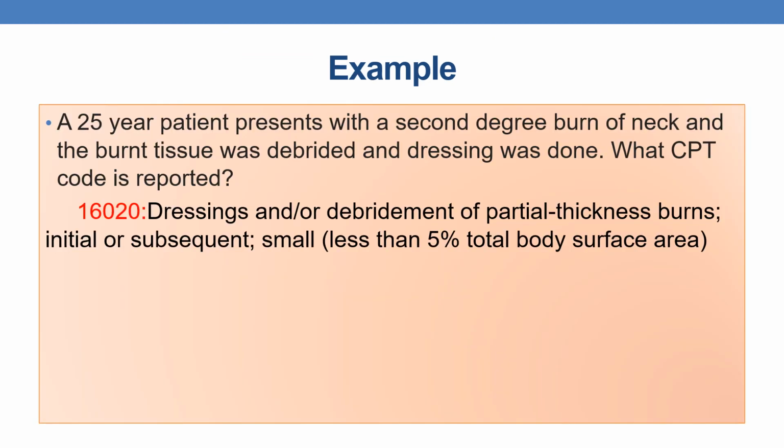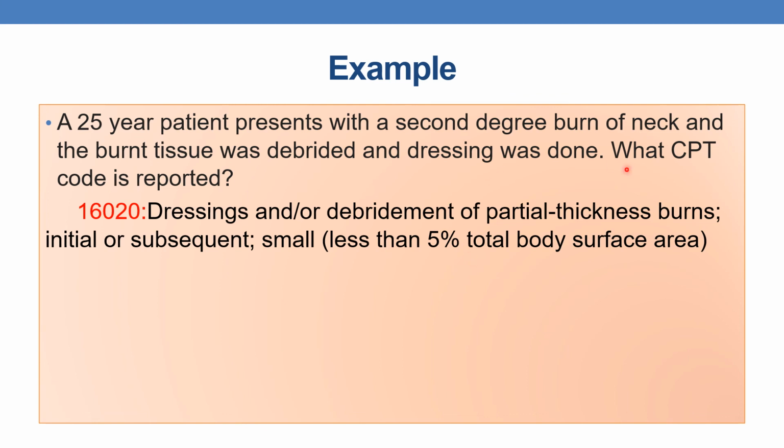Now let us discuss an example. A 25-year-old patient presents with a second degree burn of the neck, and the burnt tissue was debrided and a dressing was done. What CPT code is reported? The appropriate answer is 16020, which is dressing and debridement of partial thickness burns, initial or subsequent, small, which means less than 5% of the total body surface area.